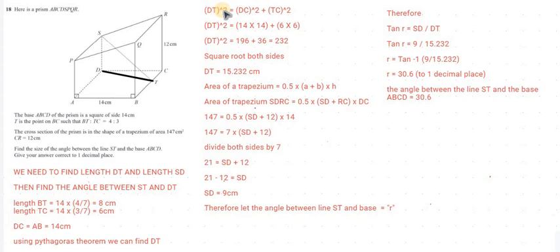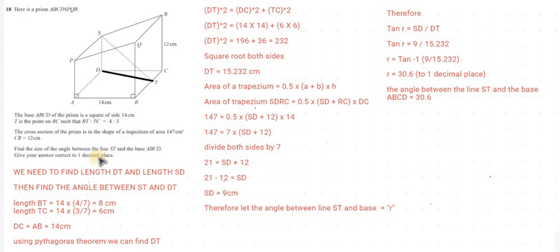So DT squared is equal to DC squared plus TC squared. And DT squared is equal to 14 times 14 plus 6 times 6, which ends up with 232. And if we square root both sides, we find DT at 15.232 centimeters. Why 3 decimal places?